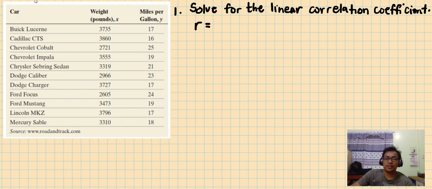The linear correlation coefficient can be solved directly from our calculators. By now, you should know how to manipulate your calculator. So, I'm going to open my calculator now.